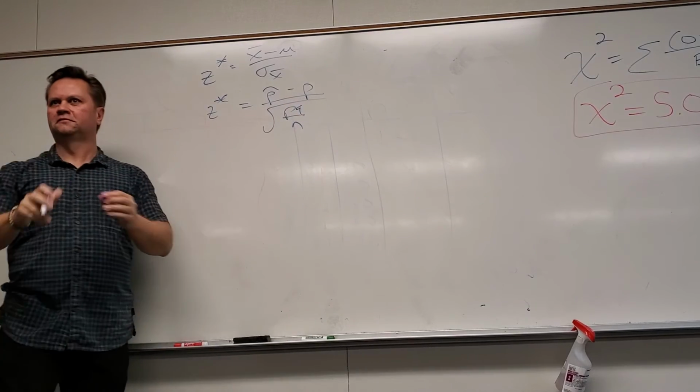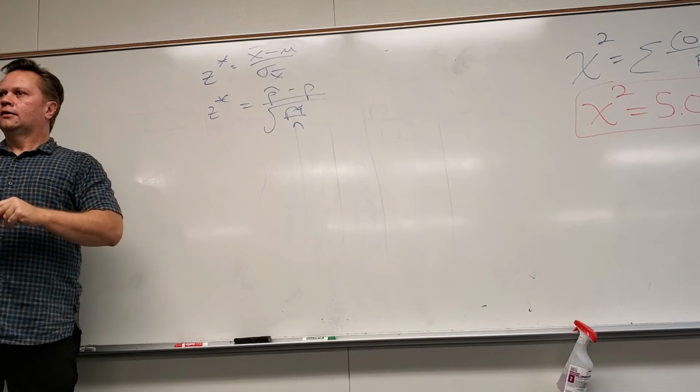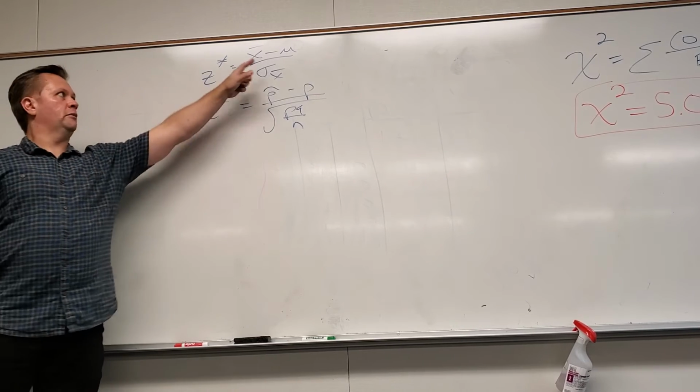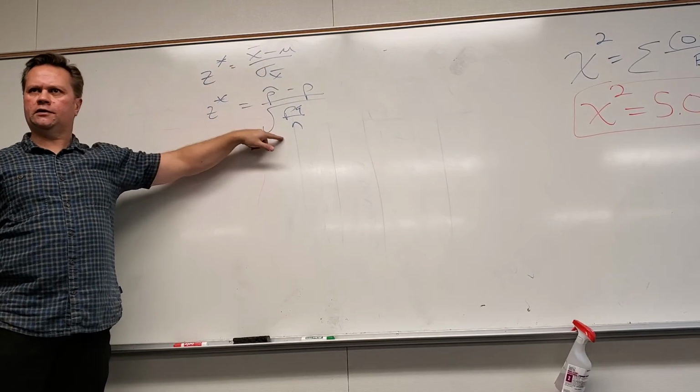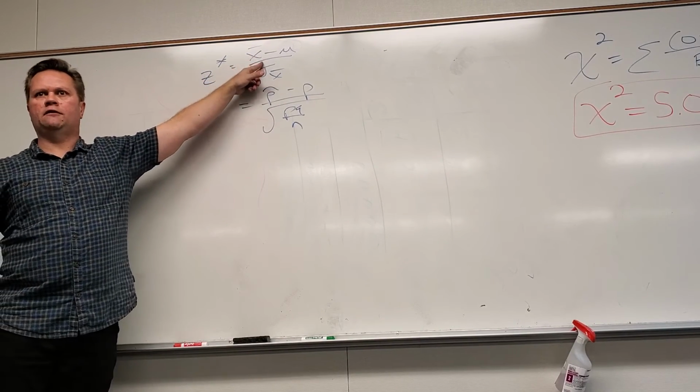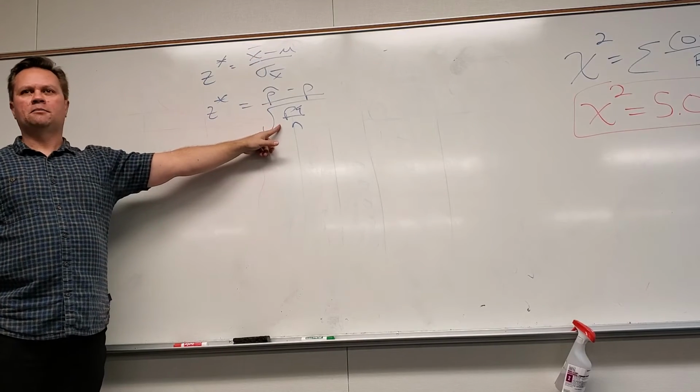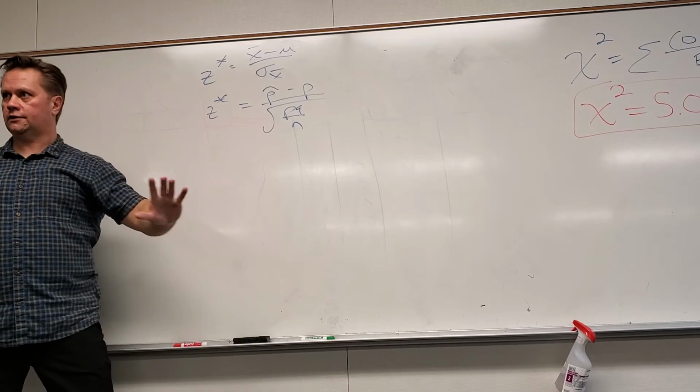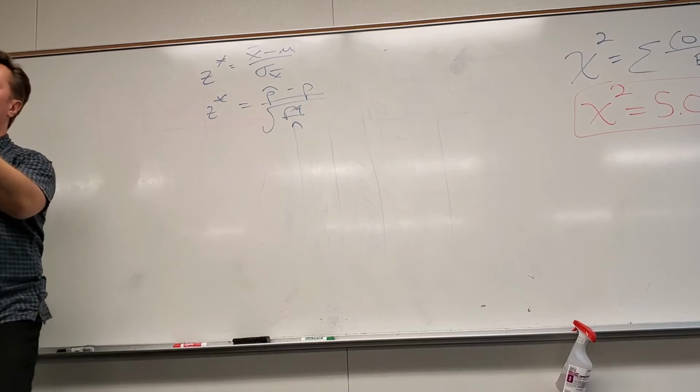Remember this stuff? Now, I keep saying that the form of these are the same, but are these formulas really the same? Well, one involves standard deviations and X bars. The other one involves probabilities and N. Are you guys kind of with me? Stay with me. This is kind of cool.